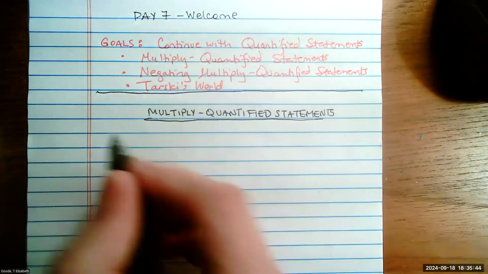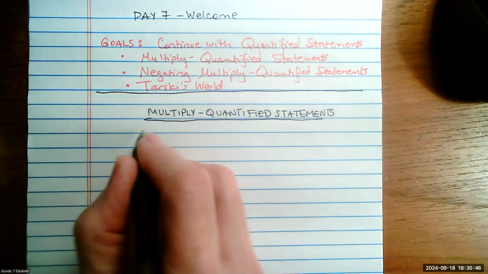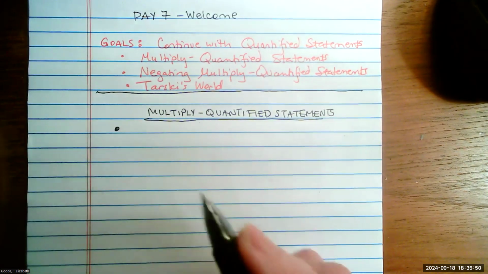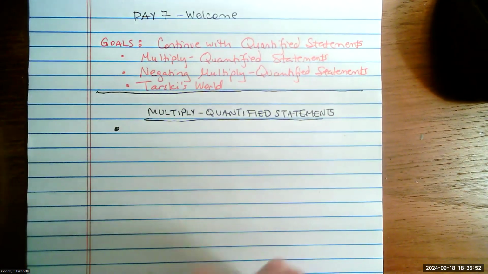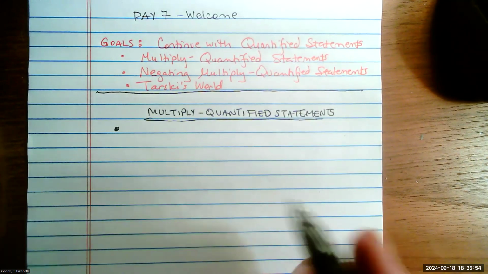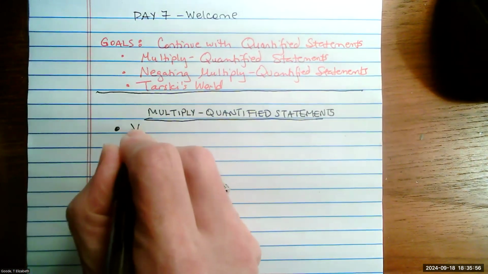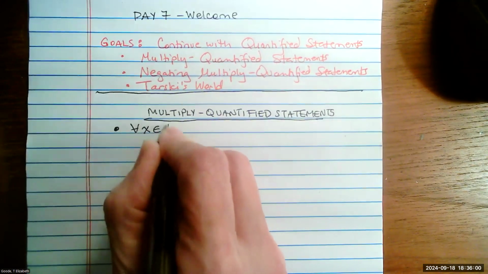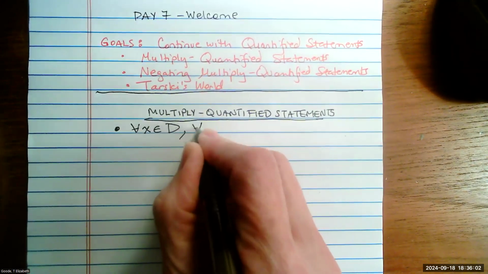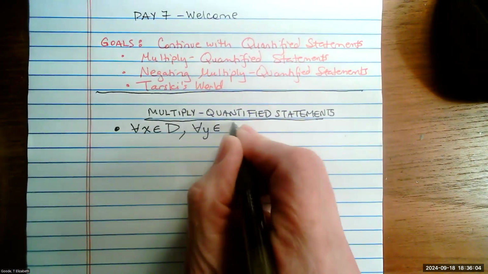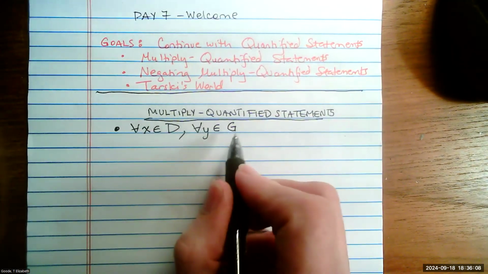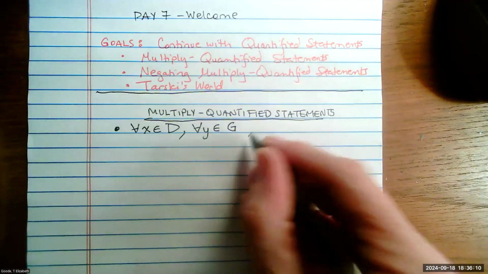There are kind of 4 ways to mix and match these quantifiers, okay? We're going to just play games with statements that have 2 quantifiers, all right? So it could be something like this: for all X in some domain D, and for all Y in some domain G. They might be the same, but they don't have to be the same set.